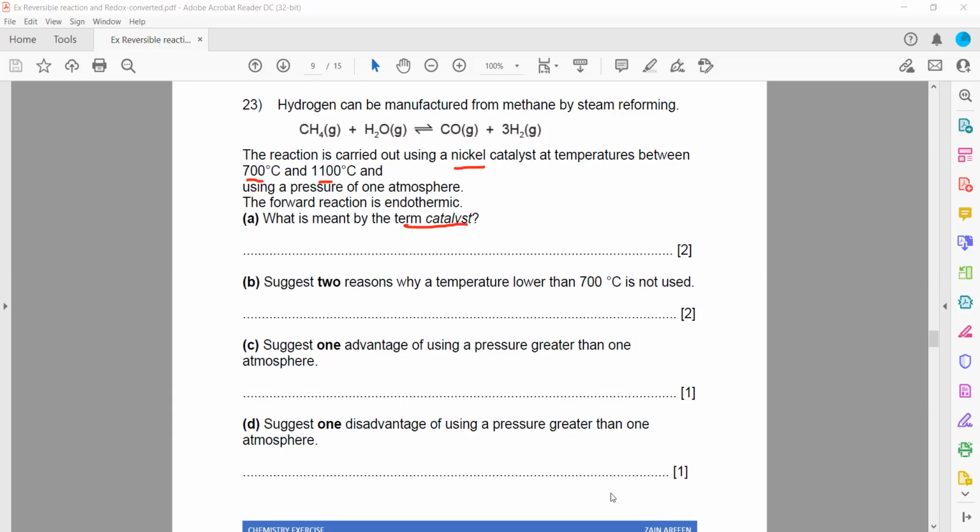So the substance speeds up the reaction, that is 1 mark, and without being chemically used up, or chemically unchanged, that will give you the second mark. Like before the experiment and after the experiment, the mass or amount of the catalyst won't change. That's the meaning of chemically not used up.